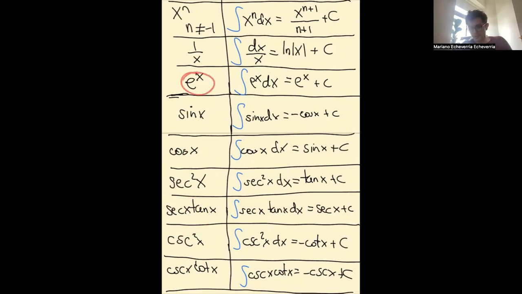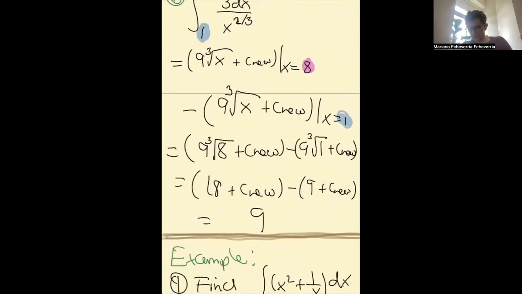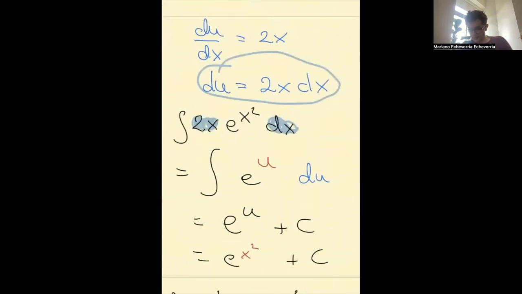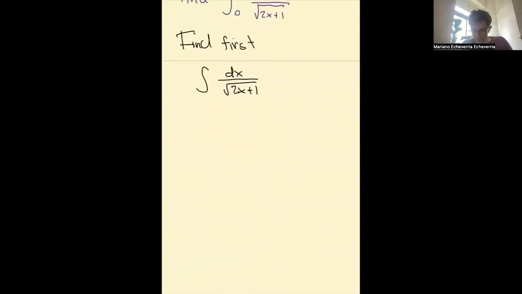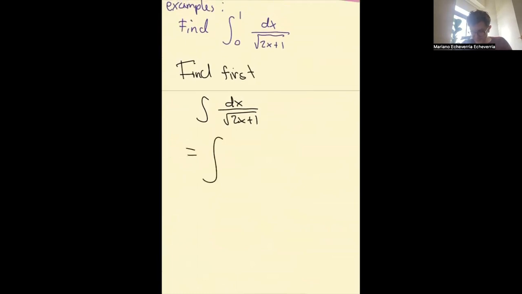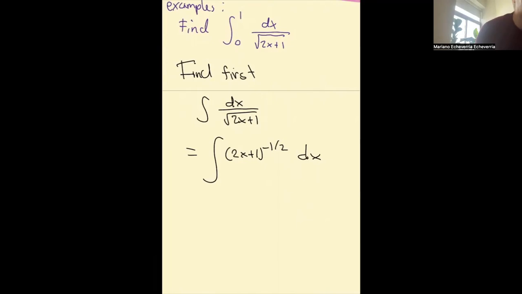There's also nothing with an exponential. 1 over x is also not there, but we do have a square root, and a square root involves a power of x, right? So what you should try to rewrite this as is 2x plus 1 to the negative 1/2 dx. Is that making sense? That is the closest way to write this relative to the list of functions I put on the table.